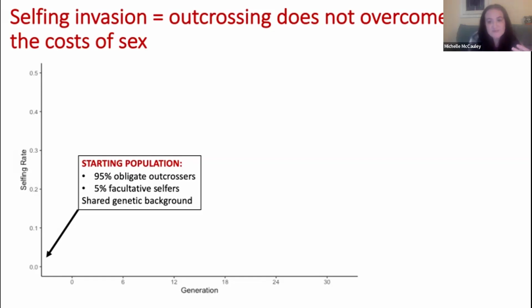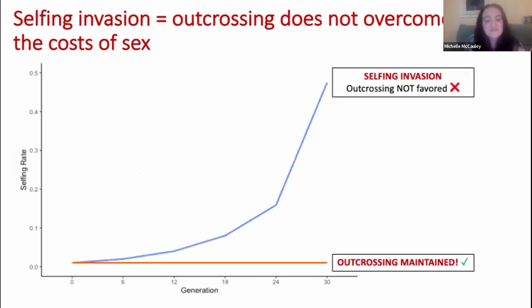So we take these worms and we expose them to some condition of interest over many generations, and we track their selfing rates over time. If our condition of interest favors outcrossing, selfing rates will remain low, as in this orange line, and we will say that outcrossing is maintained.